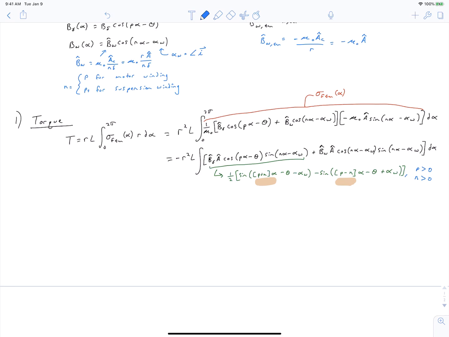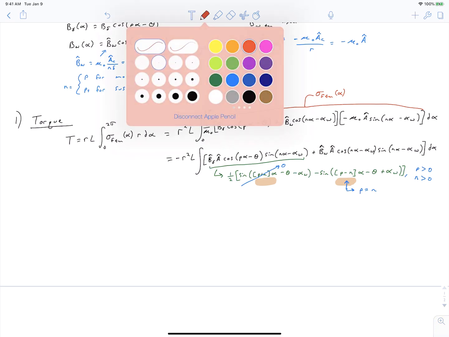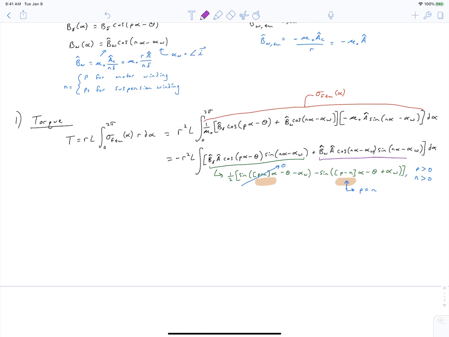We know that if you integrate a sine over an integer multiple of its period, it's just 0. So it's impossible for this to produce any torque. The integral of sine of some integer times alpha from 0 to 2 pi is always going to be 0. So the only term here that can produce torque is this term, and it will only work if p equals n. So that's this first term. Now let's check what happens with our second set of terms over here.